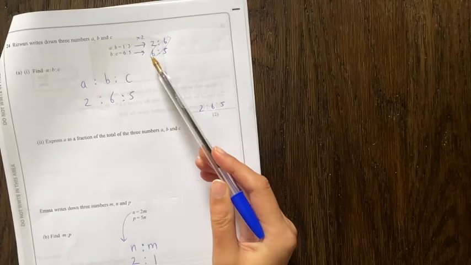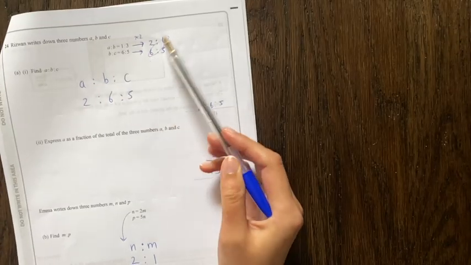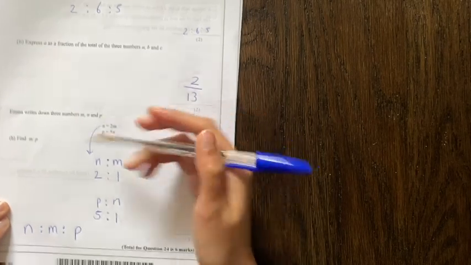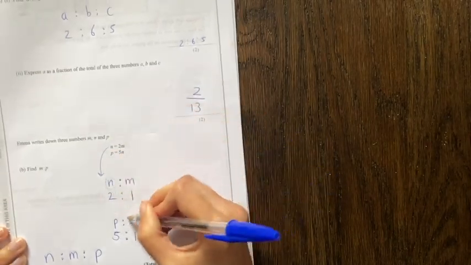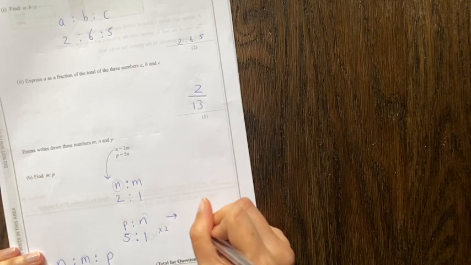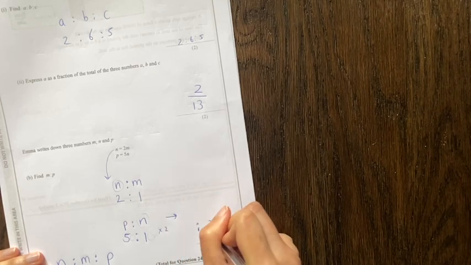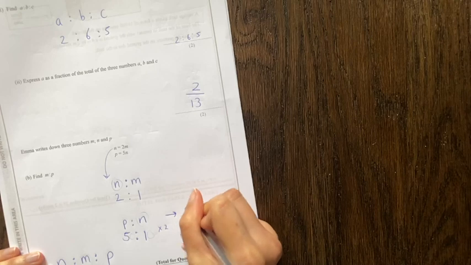So up here it was B. Here we need to make our Ns the same as each other. So we can do the same thing we did before. N is 1 here and N is 2 there, and it's easier for me to just times this whole ratio by 2. So then I get my new ratio as 2 to 5, and it's still P to N.